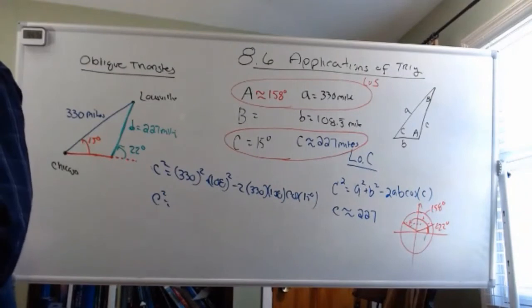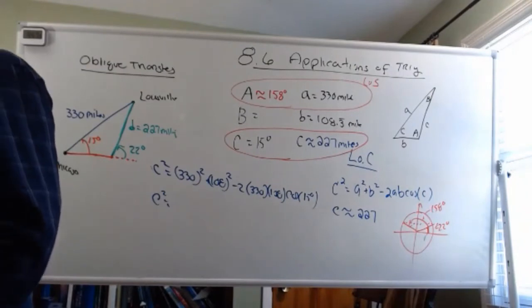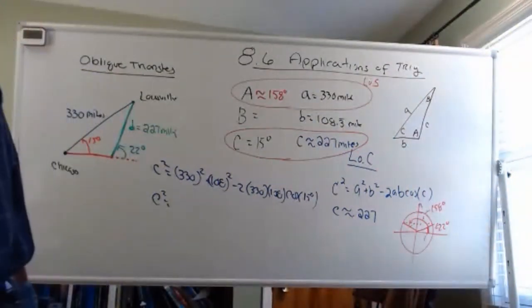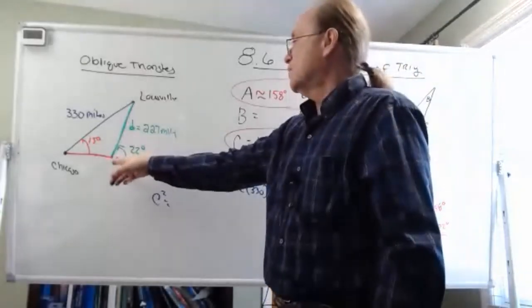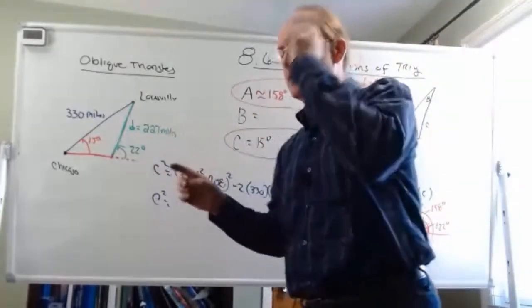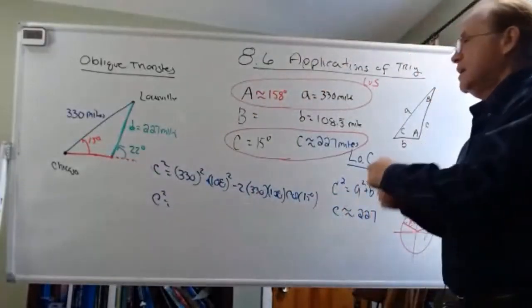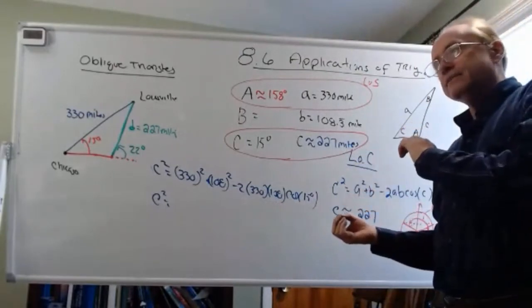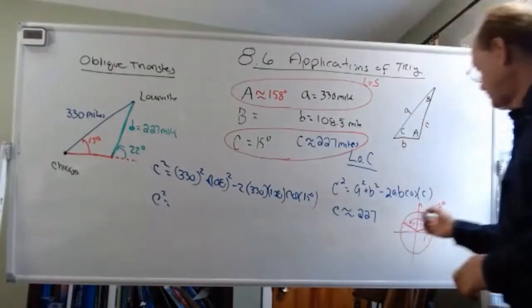Yes, Ashley. Sorry. So when we looked at the 158 degrees, did we choose that angle because we know it's more than 90 degrees? Well, yeah, it has to be. Anytime you use the arc sine, it's always a question of, is there another angle that'll satisfy that?